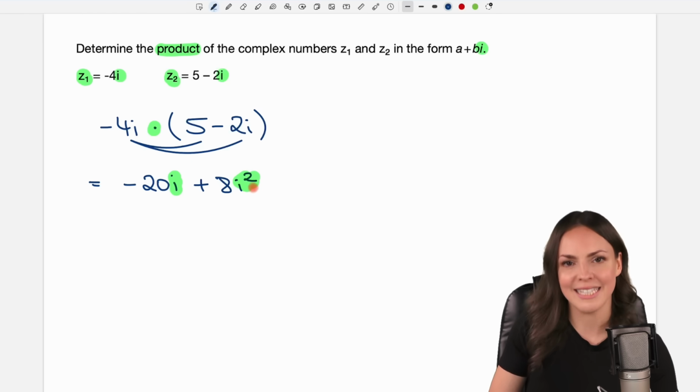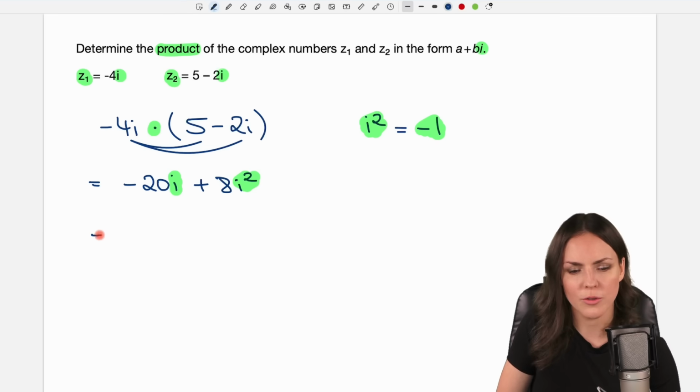Nothing in here says i squared. But the good thing is that i squared just always equals -1. So as soon as you find an i squared somewhere, you can always replace this by a -1. And this is what we're going to do here as well. We have the negative 20i, which is okay.